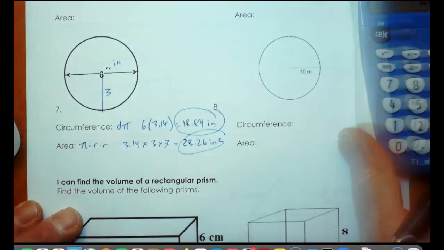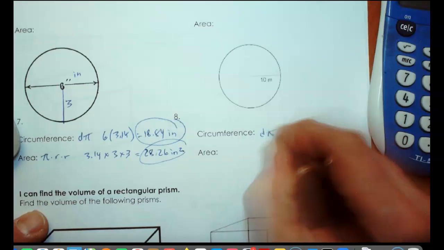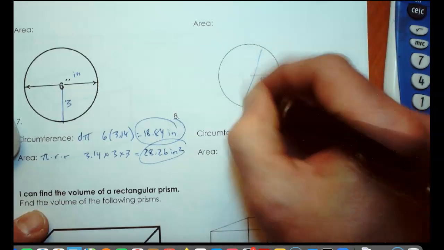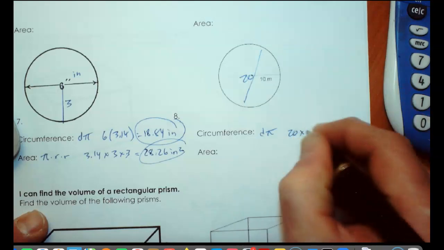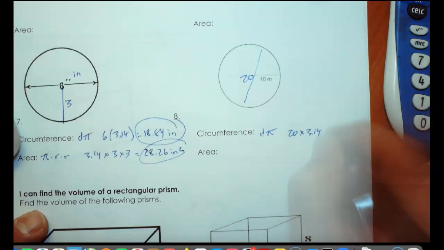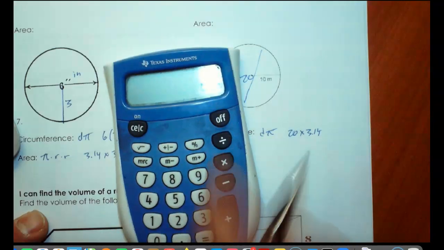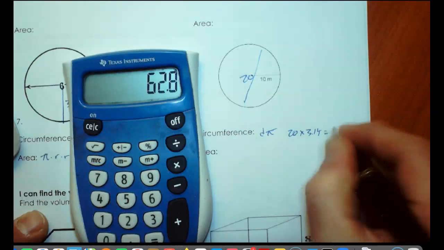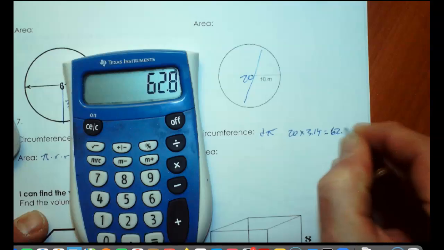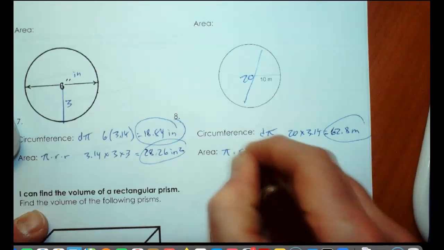All right, circumference will be d pi again, and the diameter is going to be 20. So 20 times 3.14, that's going to be about 60 some. 20 times 3.14 is 62.8. And that's in meters. The area again, pi r r.